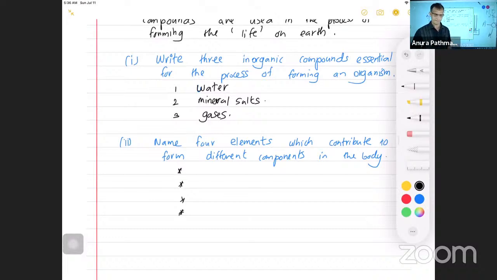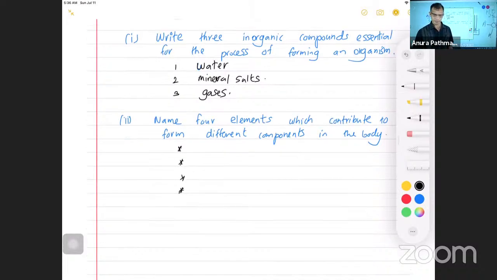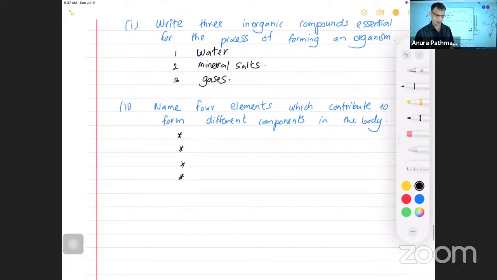Can I have them? Four elements which contribute to form different components in the body. This is something you know, right?